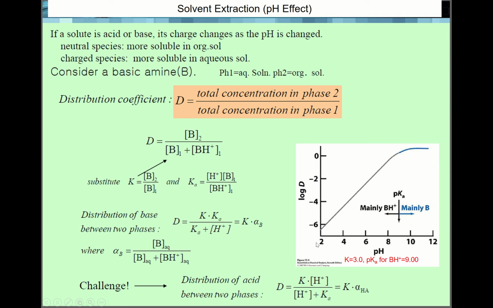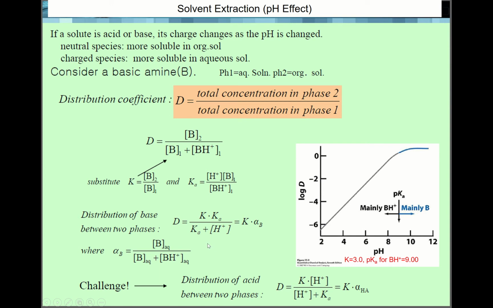Look at this: the slope changes where pH equals pKa.